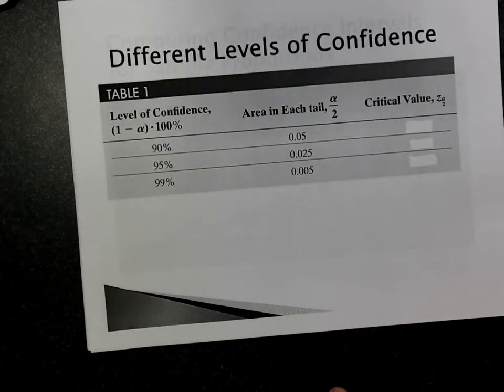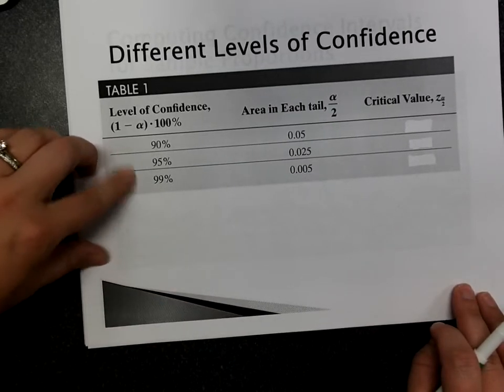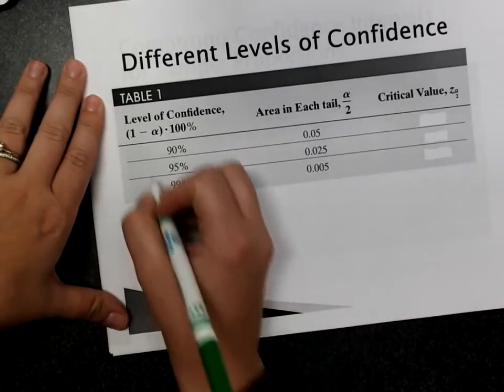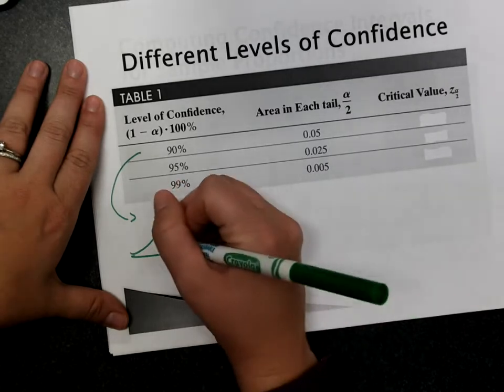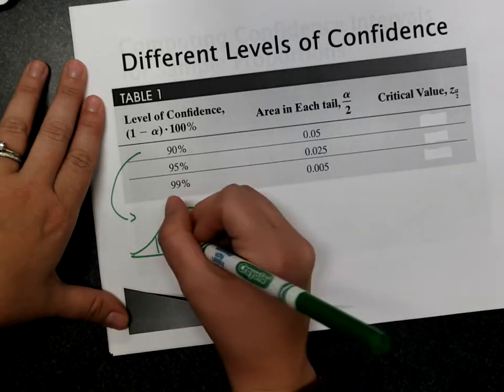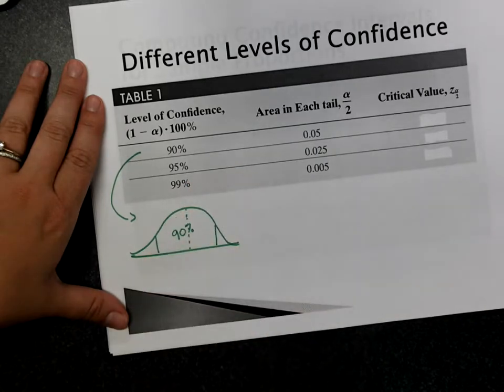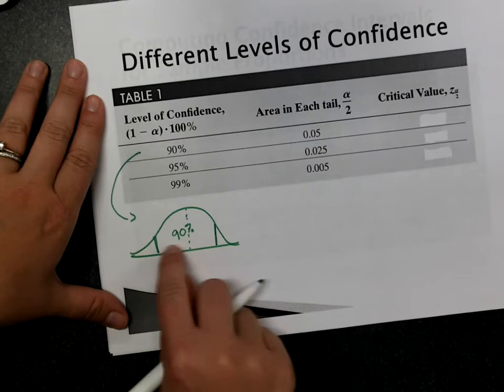So we're going to do that same exercise with different levels of confidence, and then I'll show you where you can find these answers if you forget them. So if I want to be 90% confident on my bell curve, that means I want 90% of my data to fall around the true mean. So here's the true mean or the true proportion. I want 90% of my data to fall within that range.